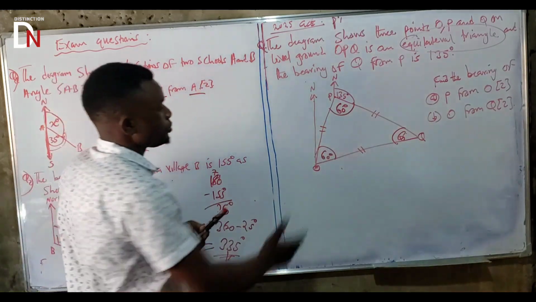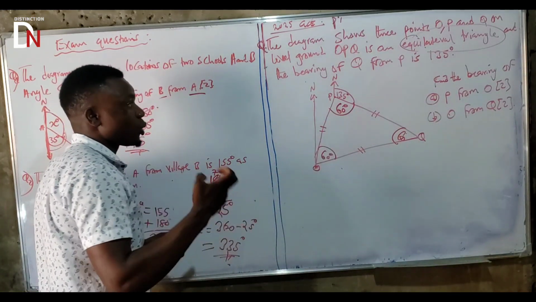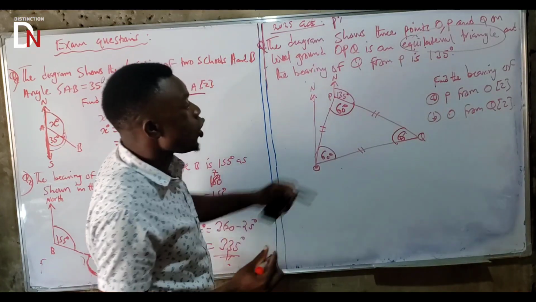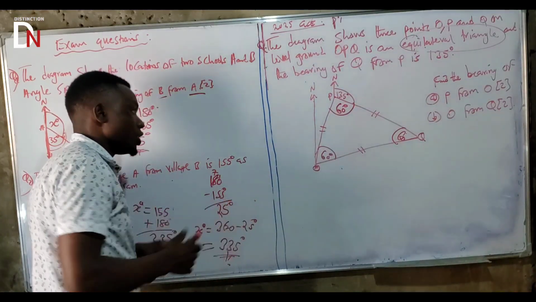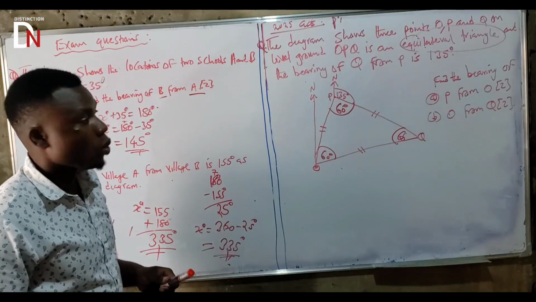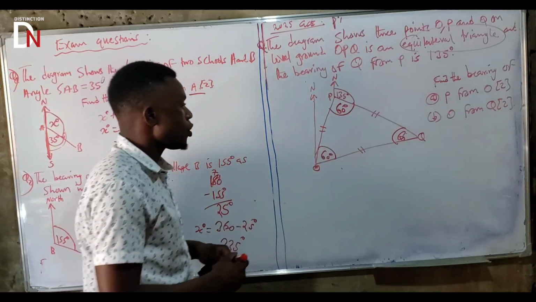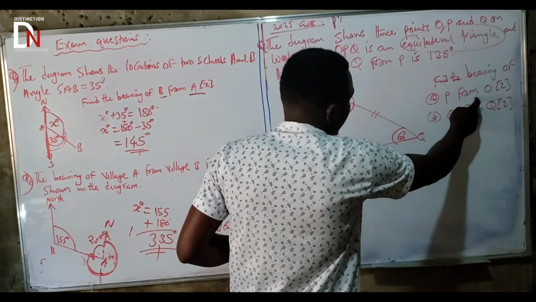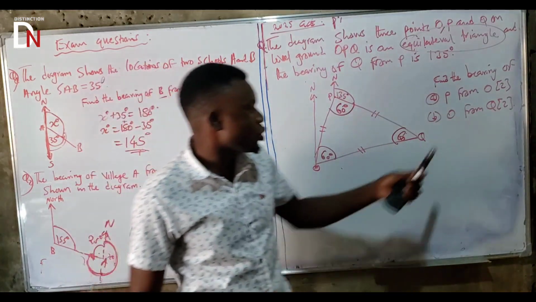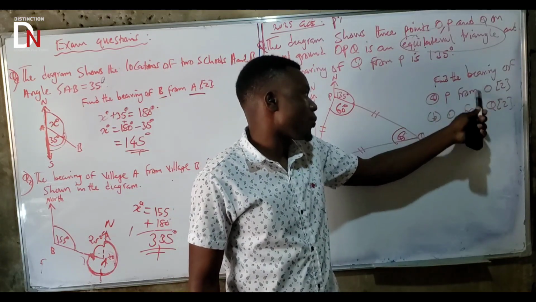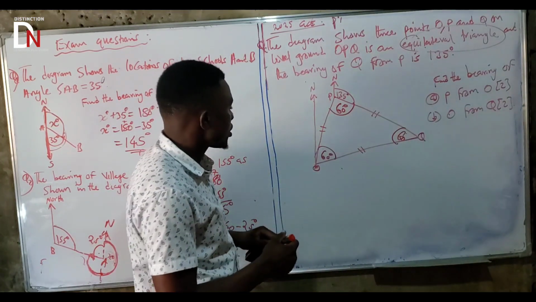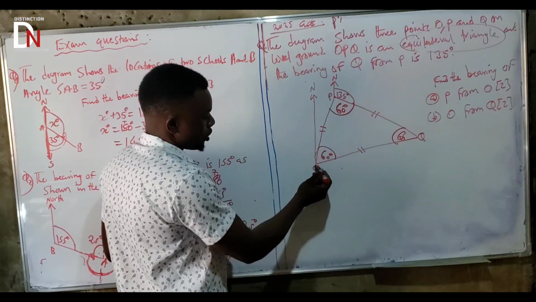Great. So we've defined what an equilateral triangle is, and we can now solve the first question: find the bearing of P from O. Remember, the word from is used to show where we do our measuring. So for P from O, we go to point O, which is this one.